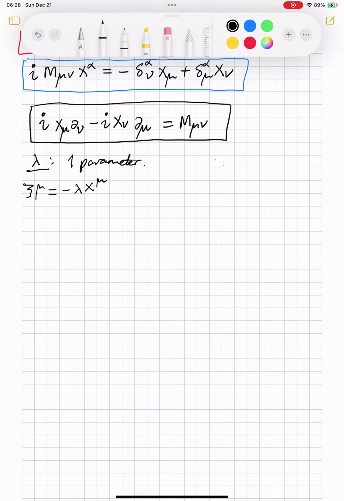Zeta mu, we know, is a length, so is x mu, and that means that our single parameter lambda must be dimensionless. So this means that lambda must be length to the naught. It's dimensionless. Good.